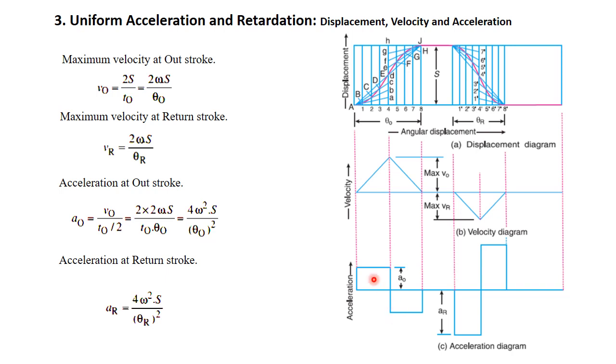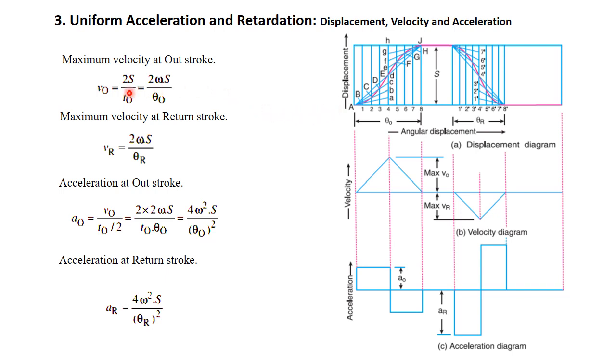So the value of acceleration and retardation remains constant during this period. So this is the third type of motion which can be imparted to the follower whenever there is need.